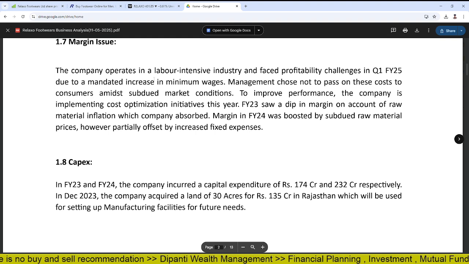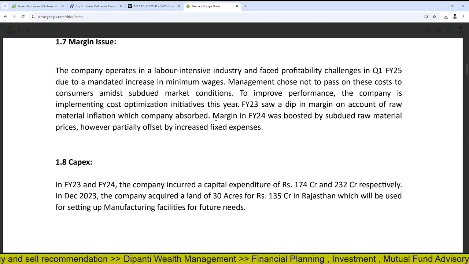The company operates in a labor intensive industry and faced profitability challenges in Q1 FY25 due to a mandated increase in minimum wages.